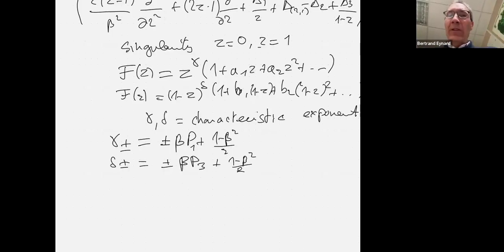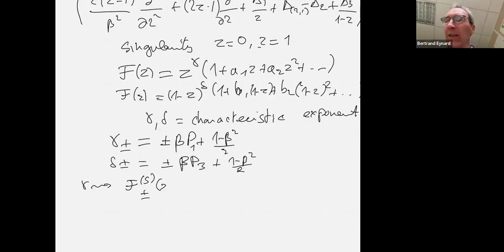So the solutions with exponents gamma are called f plus minus of z. That's a solution which starts with z to the power gamma plus minus, times 1 plus etc. And in terms of operator product expansion, this solution has a simple interpretation. We look at the operator product expansion of V21 with VP1.